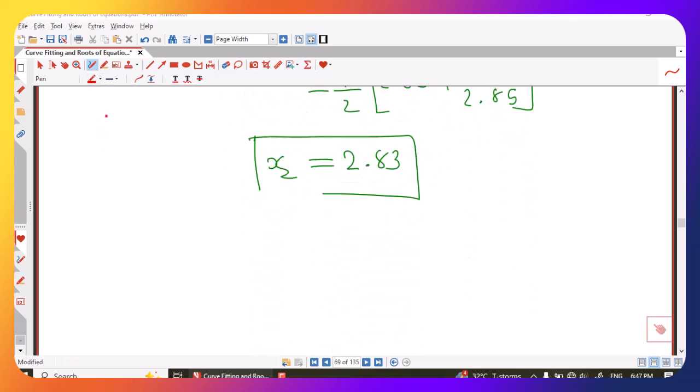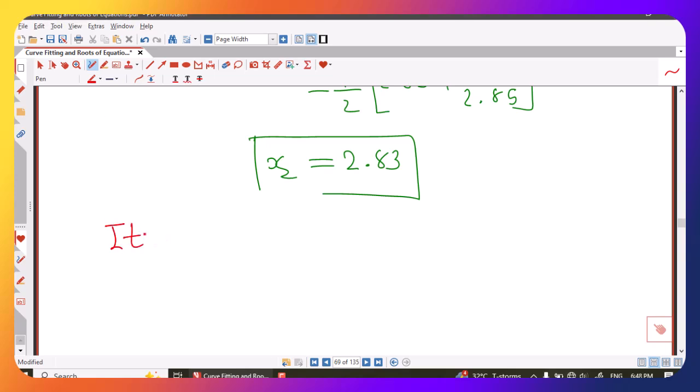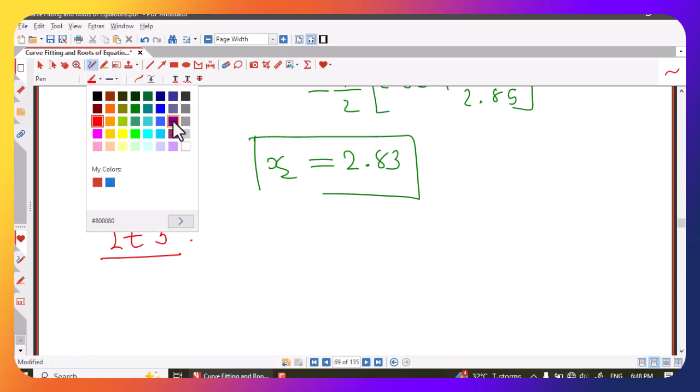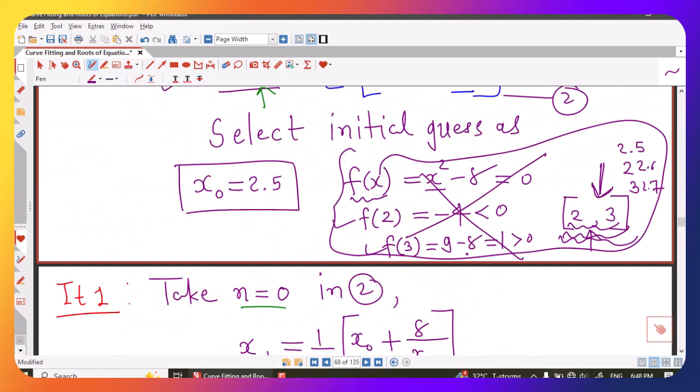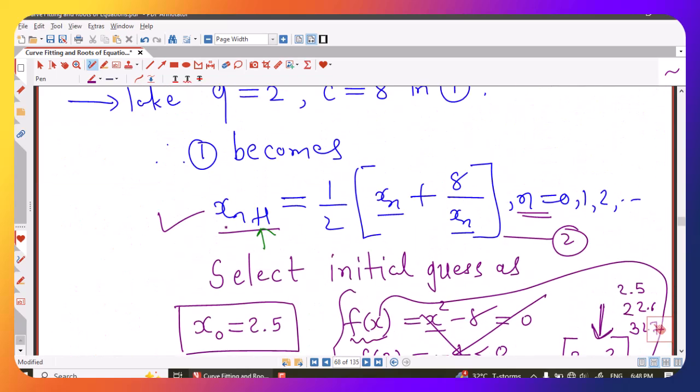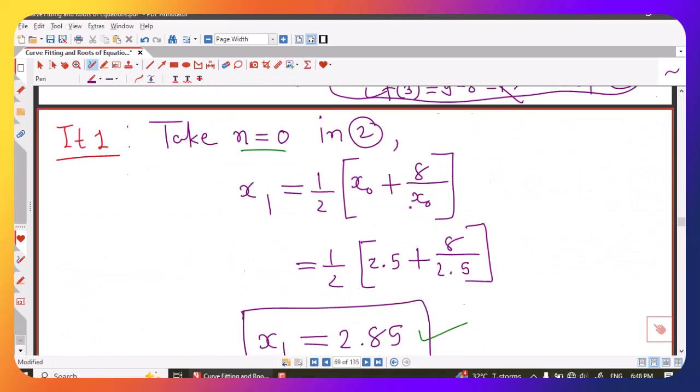We will stop when we get exact similar values up to 2 decimal places in nearby iterations. Now we consider n equal to 2 in equation number 2 to obtain x3. So if I take n equal to 2 here, I will have x3 equal to 1 by 2 x2 plus 8 by x2.